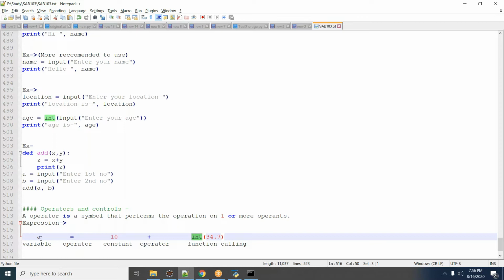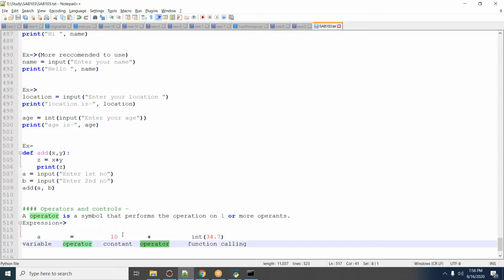So this is one operand. All such things, A, 10, and int of 34.7, are known as operands. It means operands are what? Left and right of the operator are known as operands.